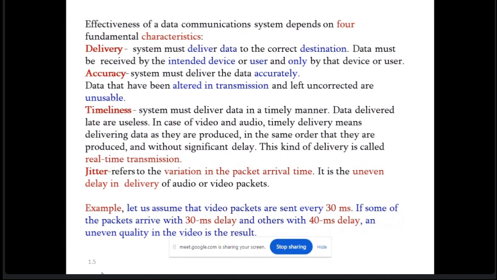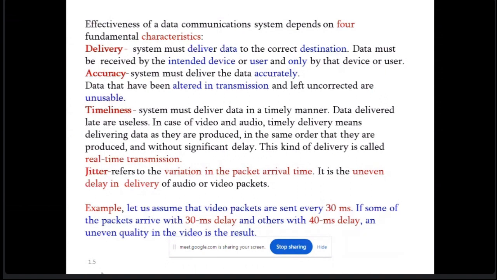Let us start with delivery. What is delivery? If a system must deliver data to the correct destination, data delivery happens where, to whom it will be delivered, to the correct destination. I want to send information to the ECE students.